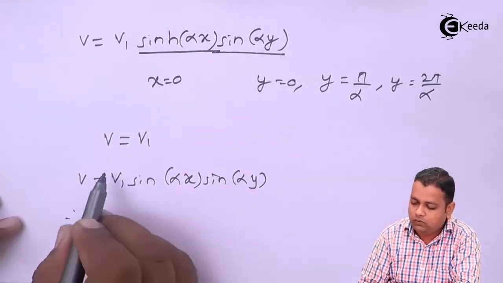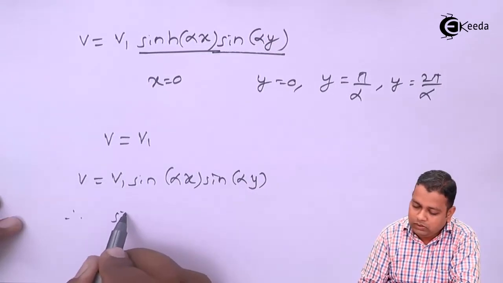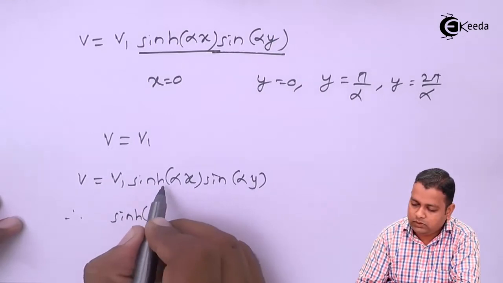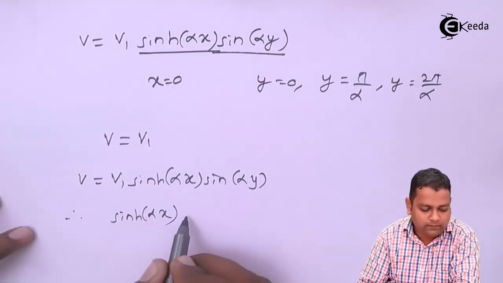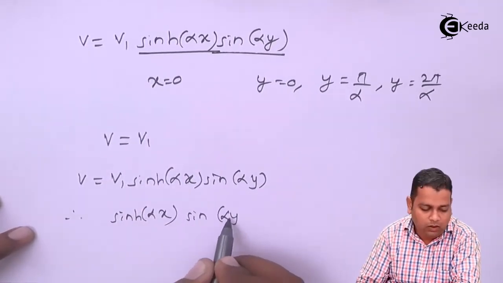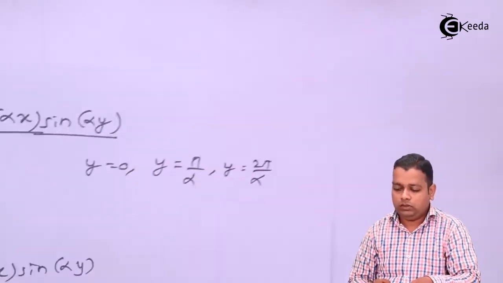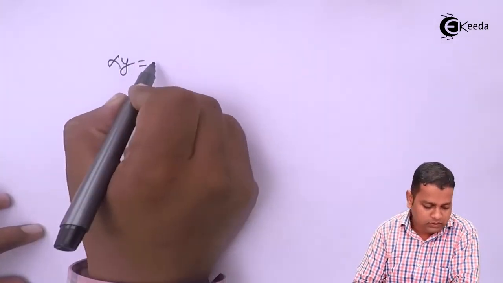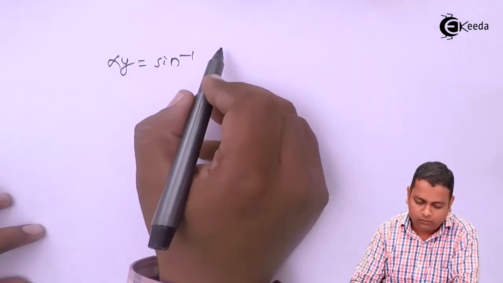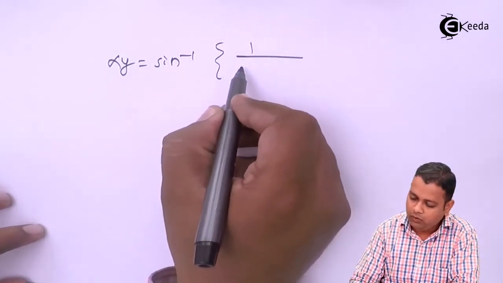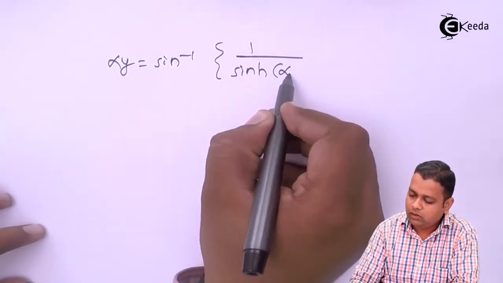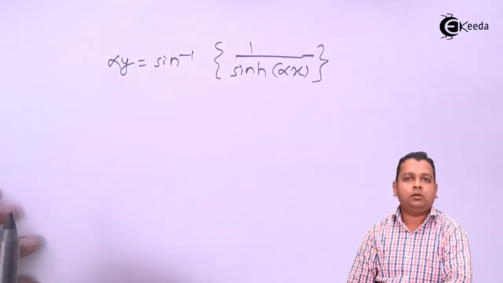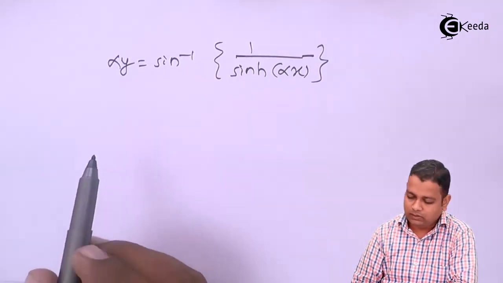So substituting V equal to V1, we get sin h alpha x sin alpha y will be equal to 1. So we can represent this equation as alpha y is equal to sine inverse of, in bracket, 1 upon sin h alpha x. So this type of equation in graphical form we can represent like this.